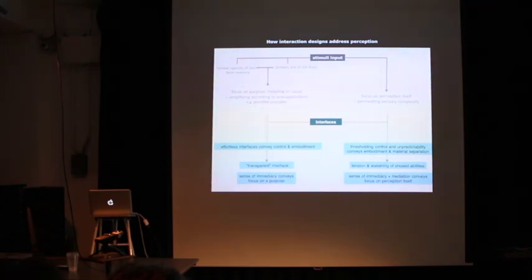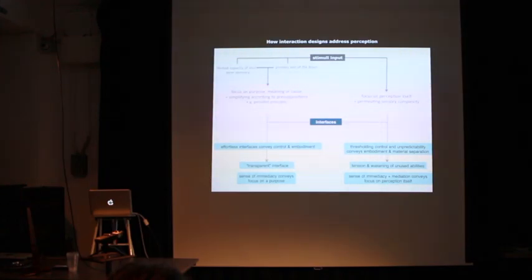So effortless interfaces convey control and embodiment. We feel the interface is an extension of the body, and that makes the interface become transparent. And this sense of immediacy, where you are writing the text, you are focused on the text instead of the interface, conveys the focus on purpose.